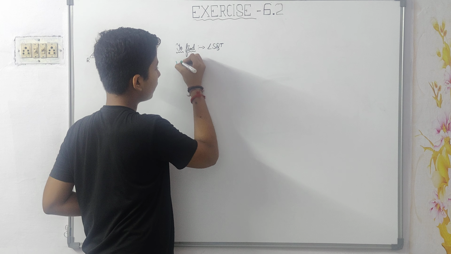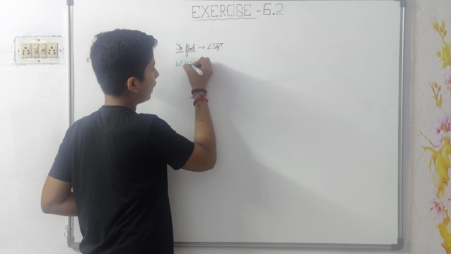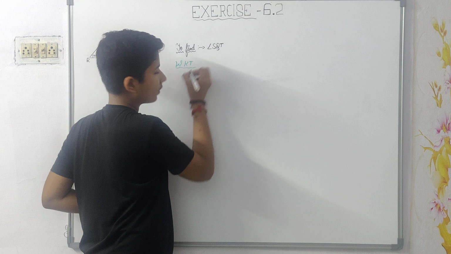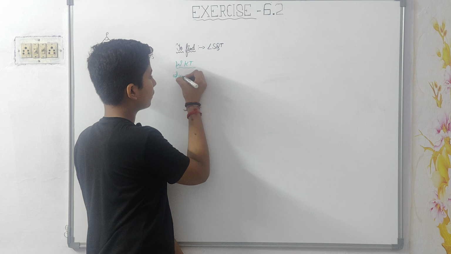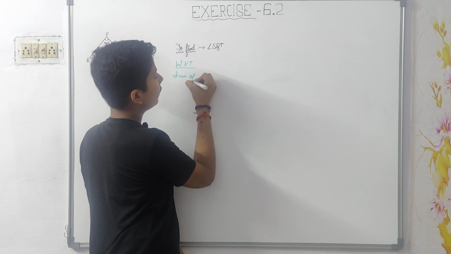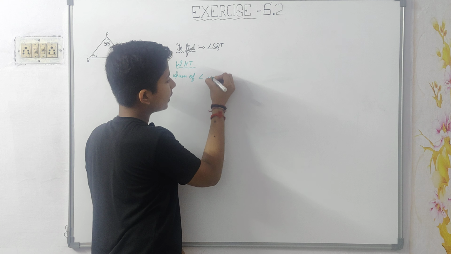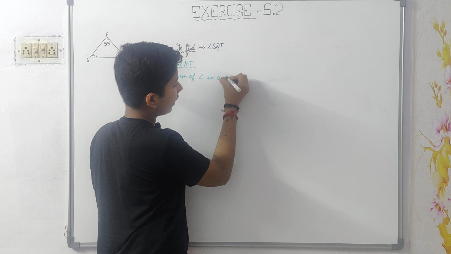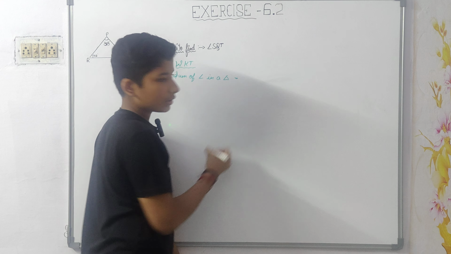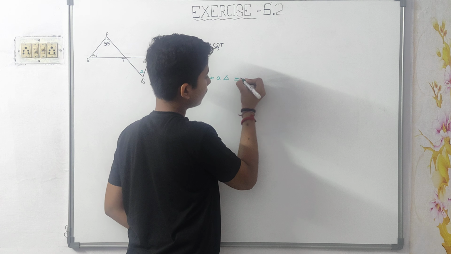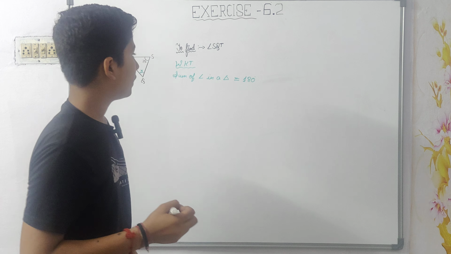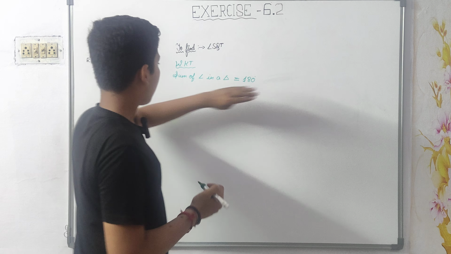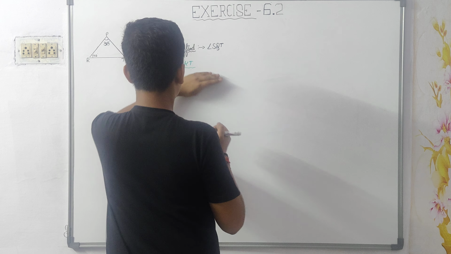Here we will write, we know that the sum of angles in a triangle equals 180 degrees, which is the angle sum property of a triangle.